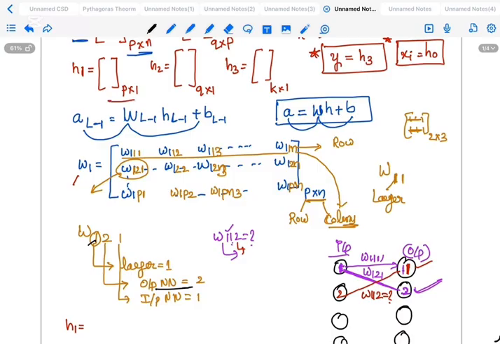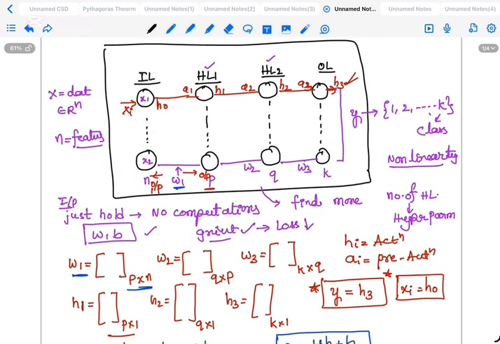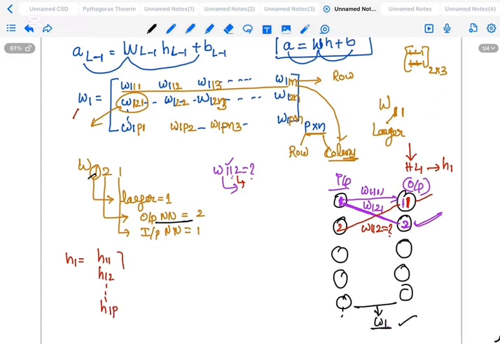Now H1 is P cross 1. So what are the elements in the first layer? For example, this is hidden layer 1, so here H1 is there. What is the size of hidden layer 1? H11, H12 and so on. How many neurons in this layer? Hidden layer 1 has P neurons, that is H1P, which is P cross 1.